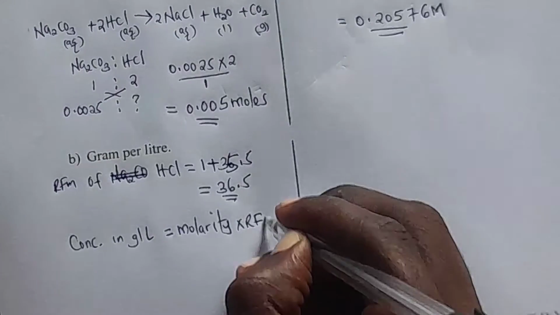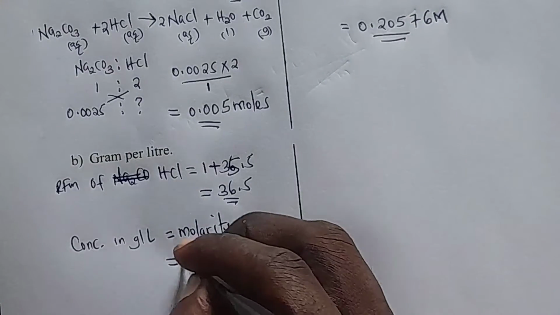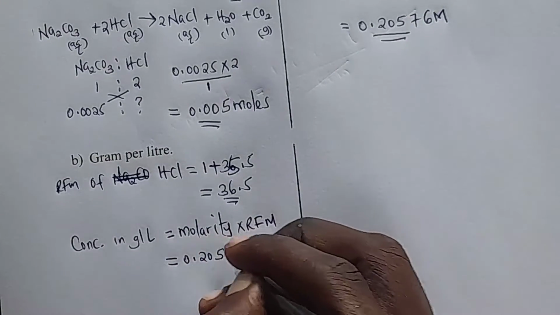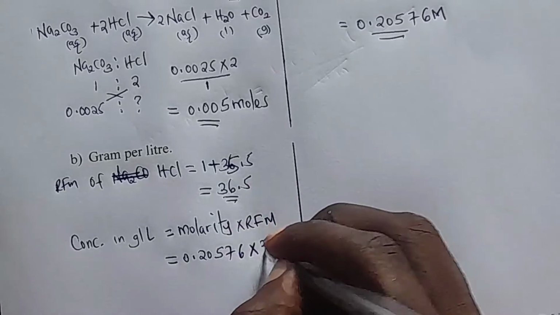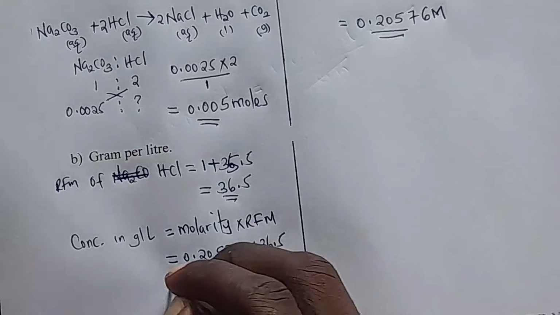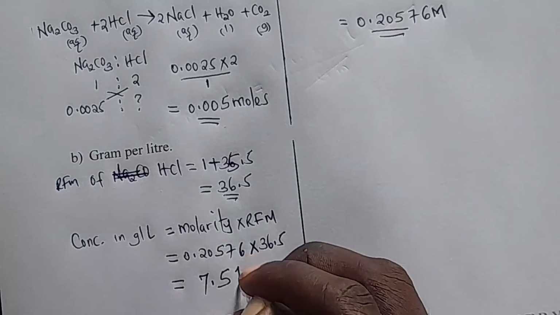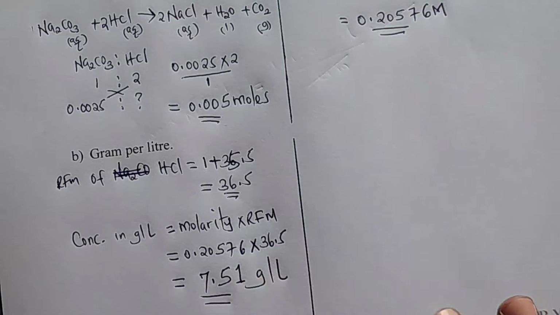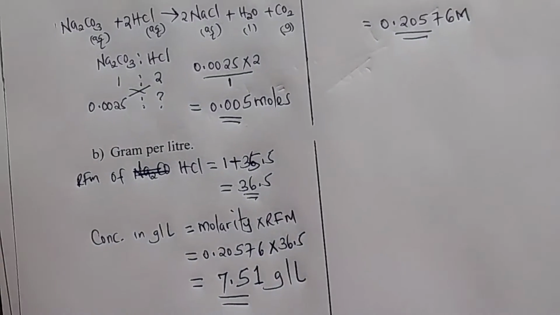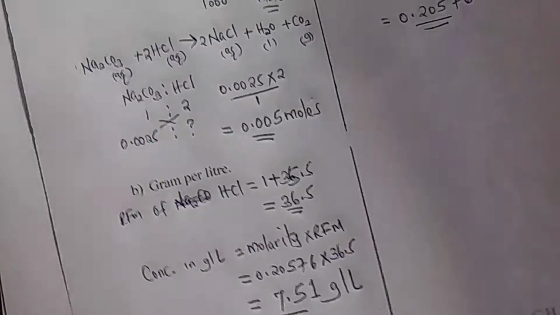The molarity we have gotten was 0.20576 multiplied by the RFM of hydrochloric acid, which is 36.5. This will be equal to 7.51 gram per liter, which will be the unit. So that will be our answer for part B of question 3. So we go next to question 4.